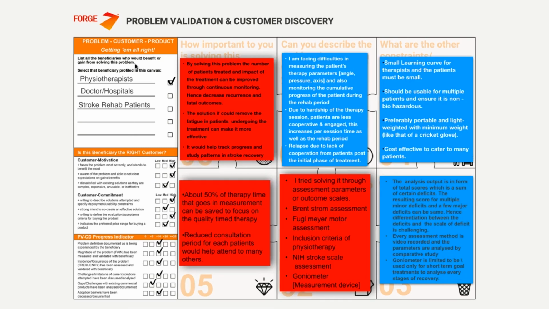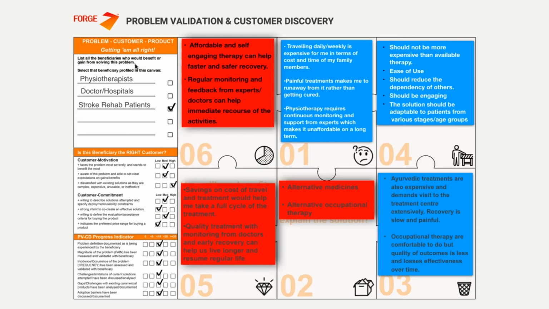This process can be repeated for multiple beneficiaries, and the data described on the canvas should be exactly the words of the user, and not the interpretation or perception of the individual administering the canvas.